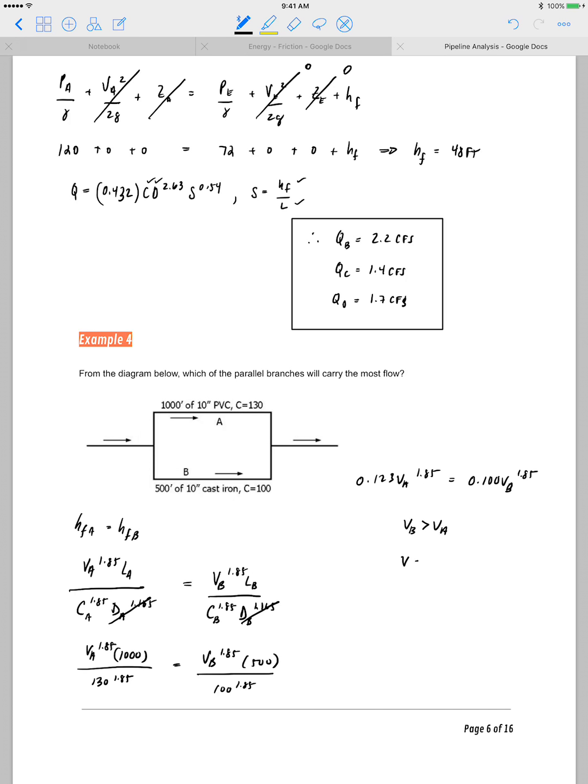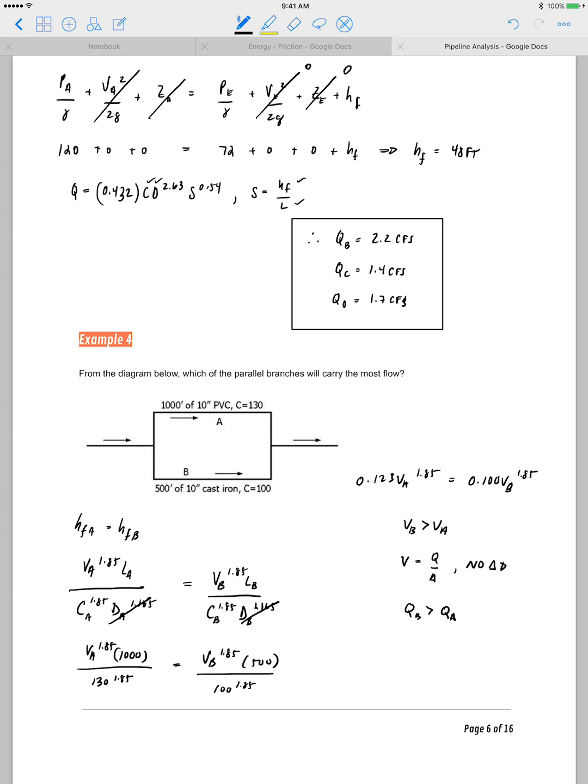And if V is equal to Q over A, but there's no change in diameter, then QB must be greater than QA.